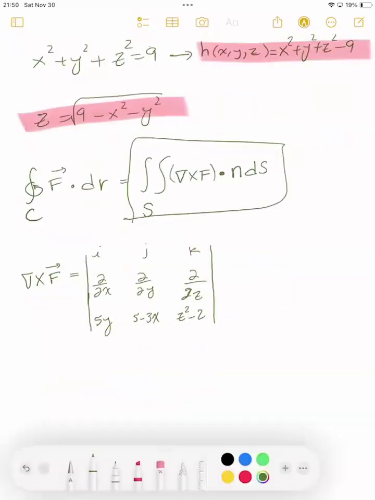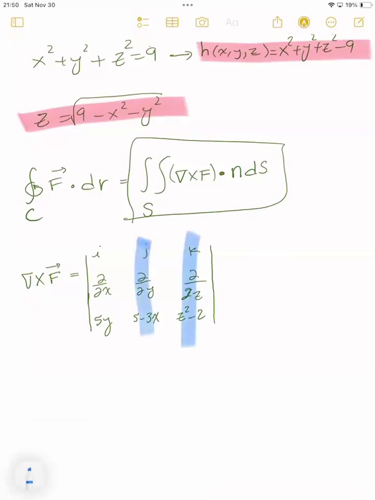A fast way of doing this is, for the i component, we look at the j and k columns, and we go this diagonal first. We find the partial of z squared minus 2 with respect to y, which is 0. Then you put a minus sign. Then you go this diagonal, you find the partial of 5 minus 3x with respect to z, which is also 0. So that's 0i. So that's why we get 0i here.